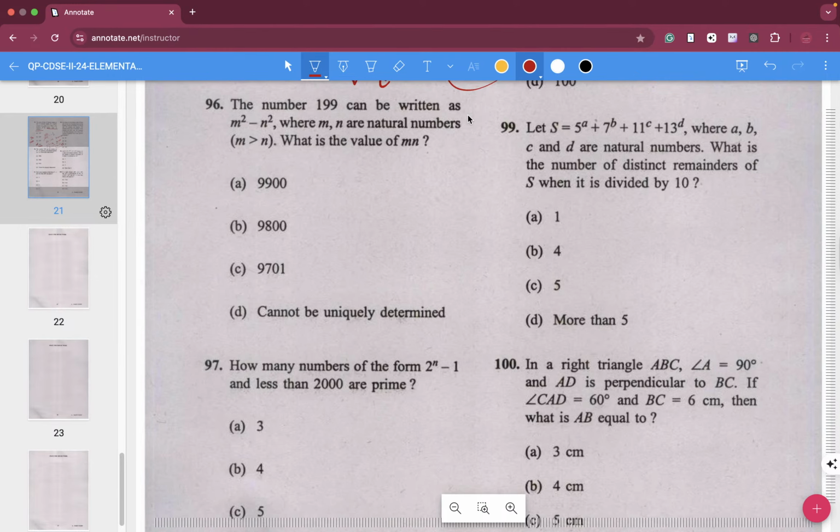Right? So this is your question number 95.